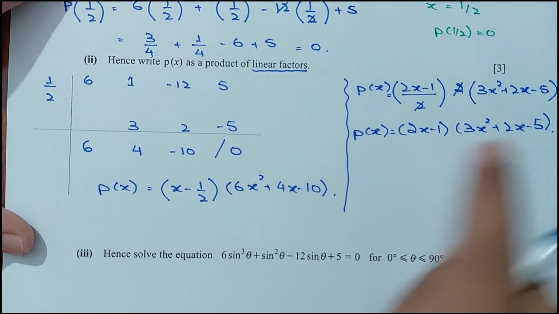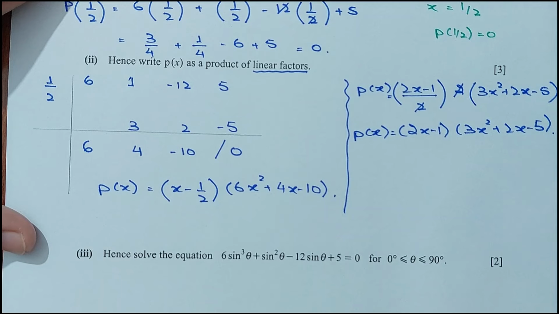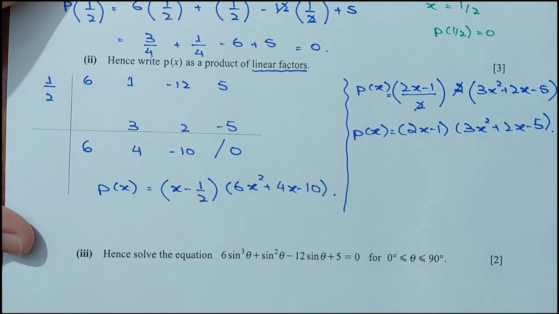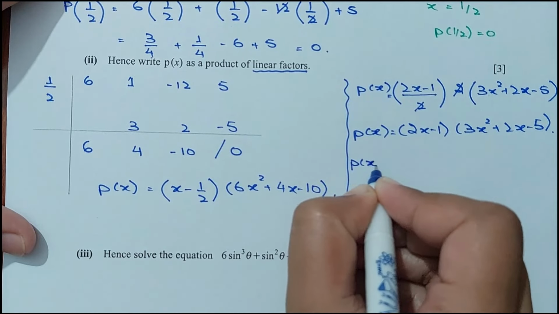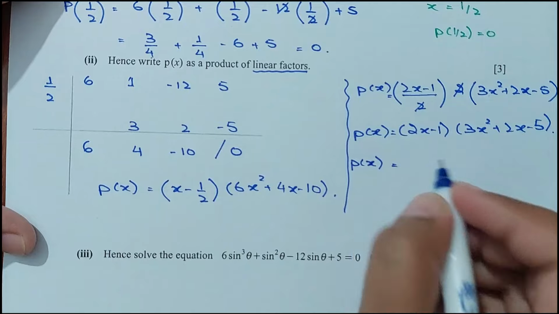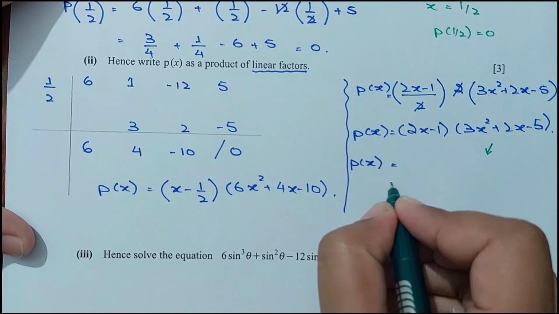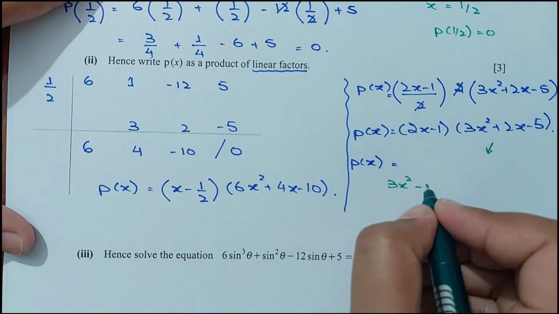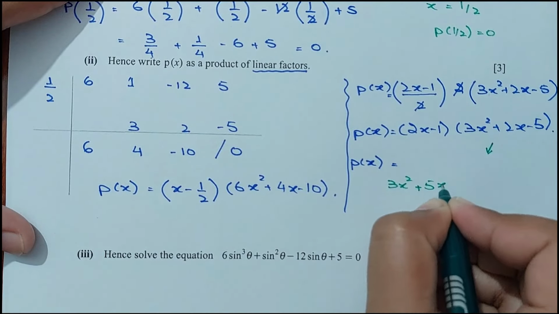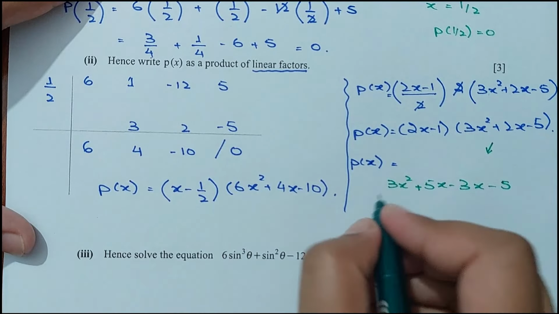All right, so 3 times 5 is 15, right? So we have to find the factors of 15 that make 2. All right, we can say 5 minus 3 would be 2. So let me just solve this term. This is 3x square plus 5x minus 3x and minus 5. 3 times 5 is 15, right?